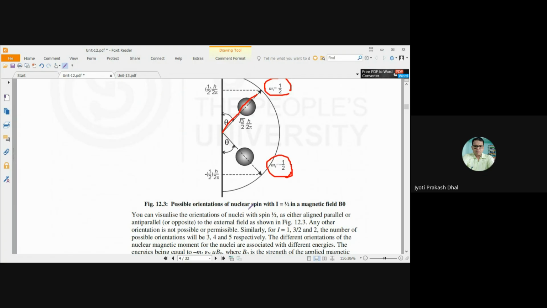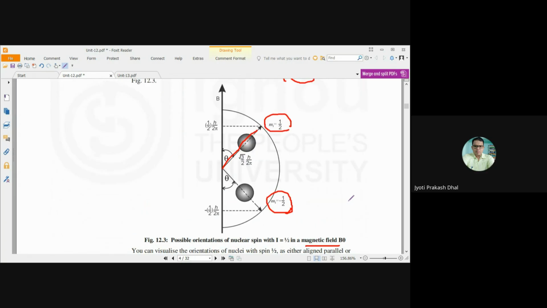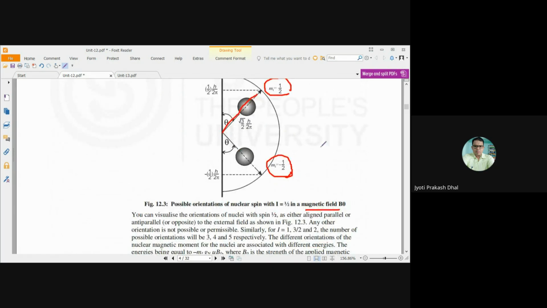The possible orientation of nuclear spin with I equals half in the applied magnetic field B naught: if the applied magnetic field is B naught, and the nucleus has I equals half, it will have two possible orientations. One orientation is associated with Mi equals plus half, and another with Mi equals minus half, both having the same magnitude.